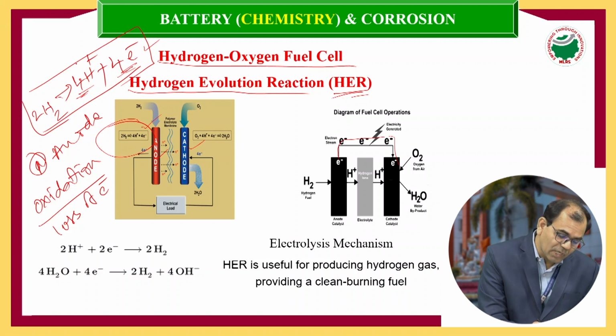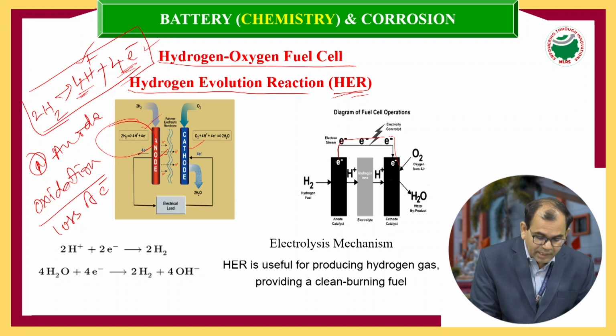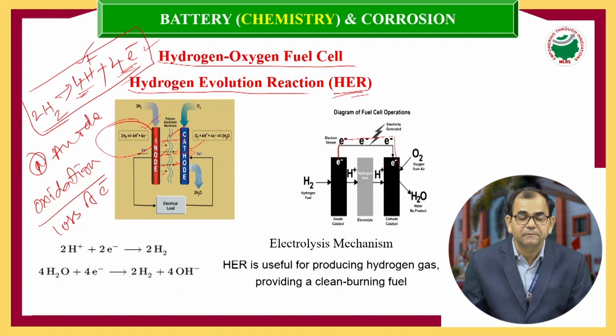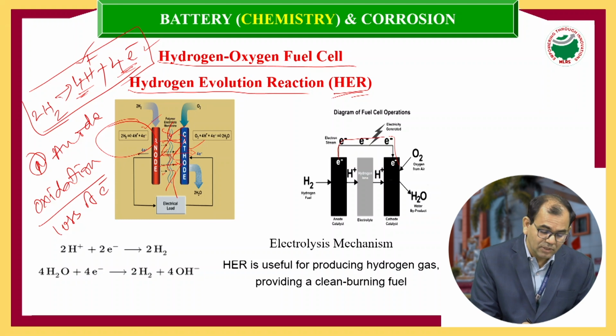But the protons released at the anode during oxidation reach the cathode directly through the electrolytic membrane. Here we can see the electrolytic membrane, which separates the anode and cathode parts. The H+ ions generated here flow from the anode part to the cathode part.